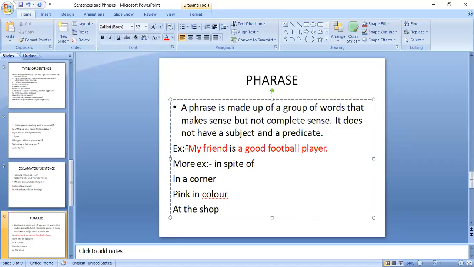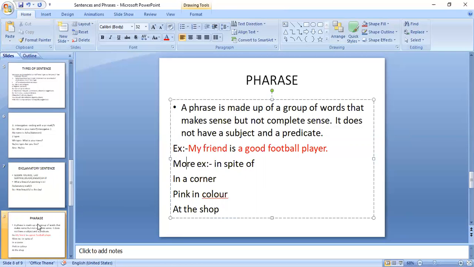What are they? The first one is my friend, and the second one is a good football player. Then we will take some more examples, like in spite of, in a corner, pink in color, at the shop. These are some more examples of phrases.